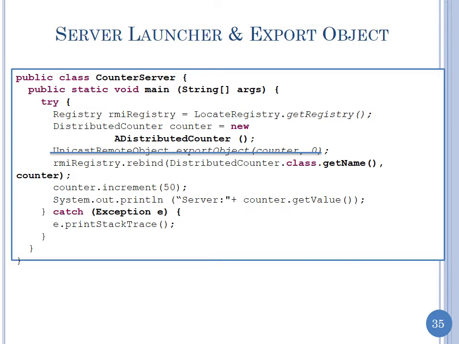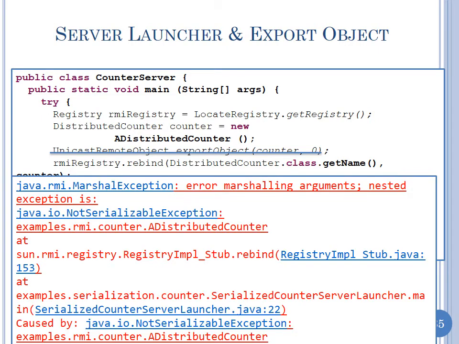What happens then? Well, I told you guys that if you don't export the object, we will send a serialized copy of the remote object directly, not a serialized copy of the export proxy, but the object. But as it turns out, that fails.